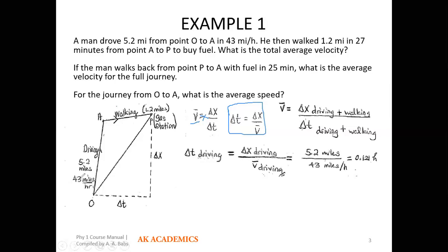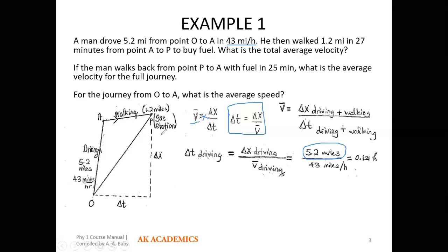From the question we were given the displacement of driving, which is 5.2 miles, and then we were given the average velocity too, 43 miles per hour.